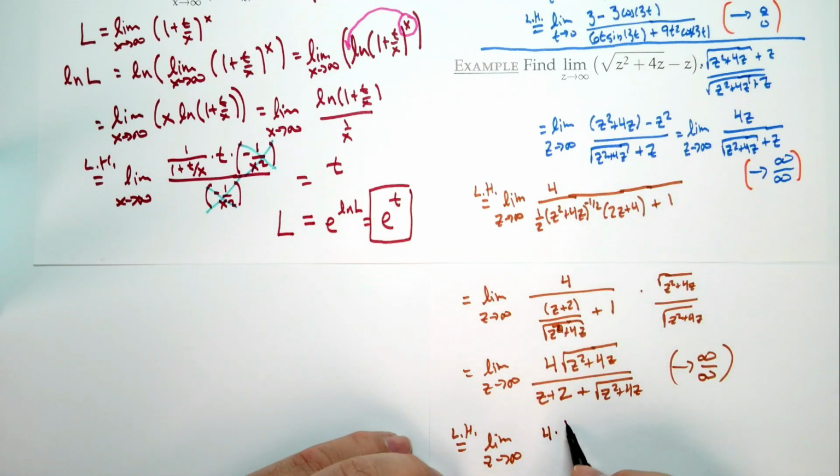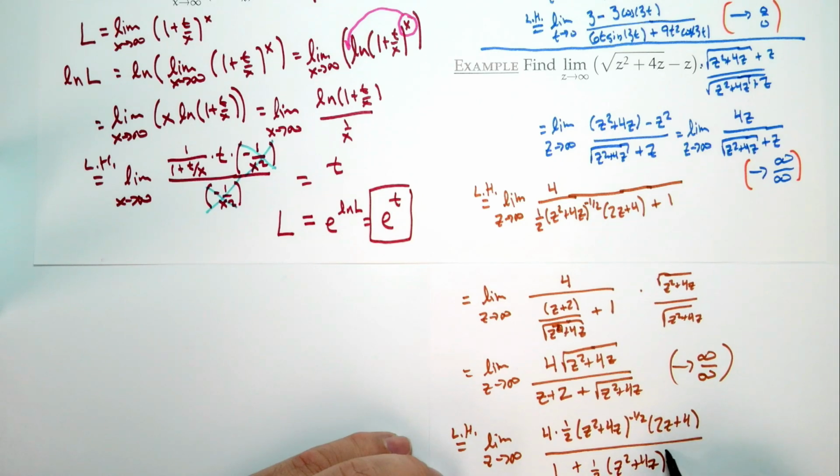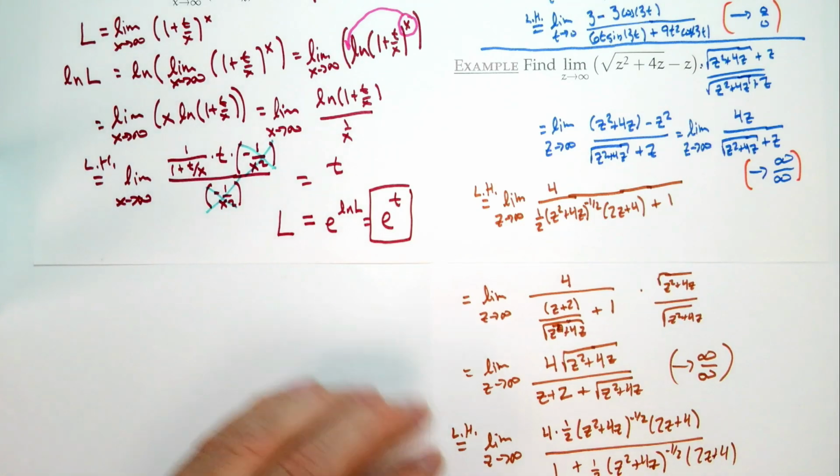So it's 1/2 z squared plus 4z to the minus a half, then times 2z plus 4. Downstairs, we get, well, derivative of z plus 2 is 1 plus, and again, we're going to get a 1/2 z squared plus 4z to the minus a half times 2z plus 4.